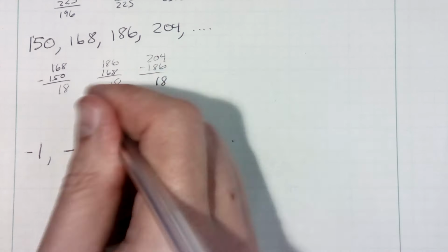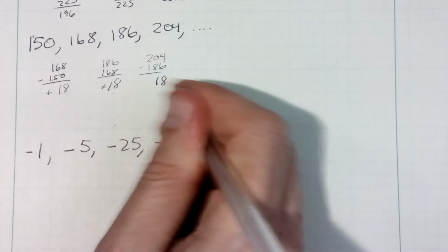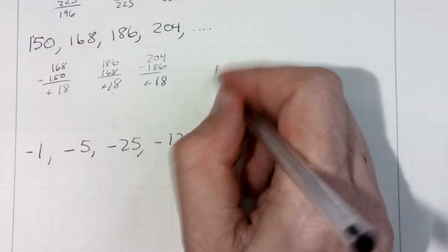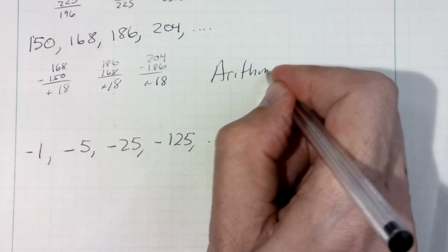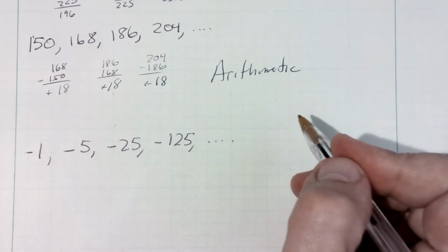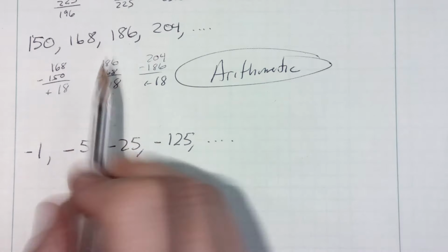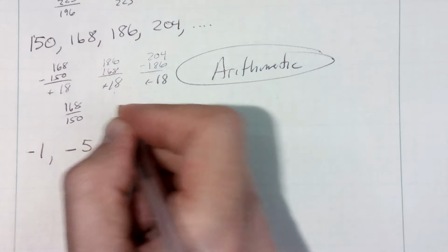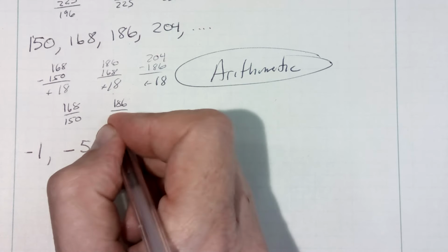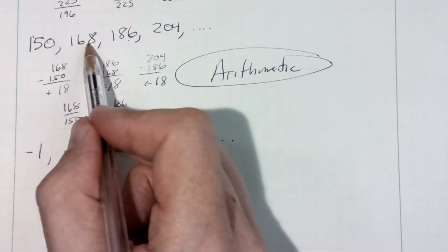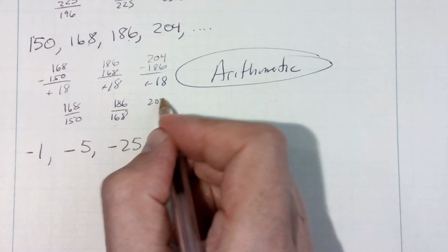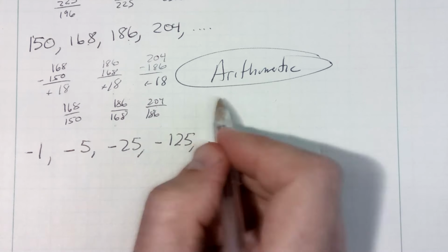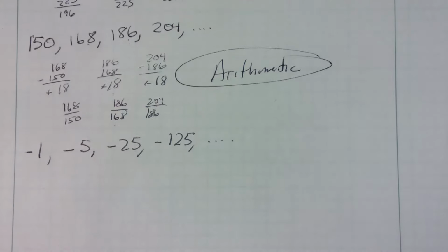Yep, I'm getting the same exact difference between each of the consecutive terms. This would be arithmetic. If I wanted to verify if it was geometric, I would just do 168 over 150, 186 over 168, 204 over 186, the next two. Those are not the same, so it's definitely not geometric.